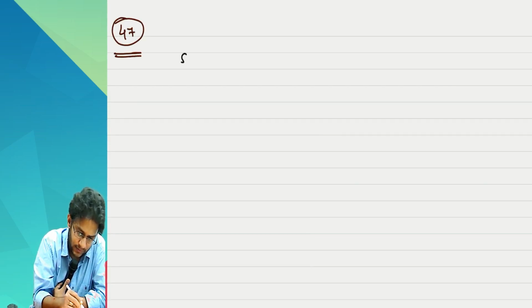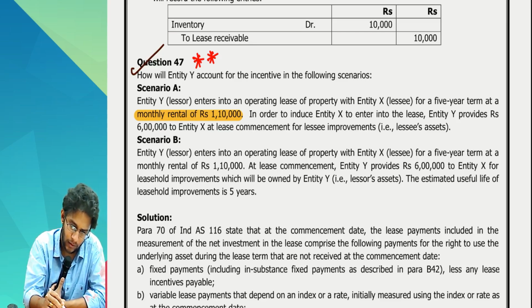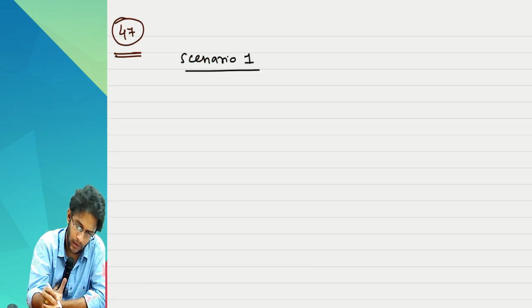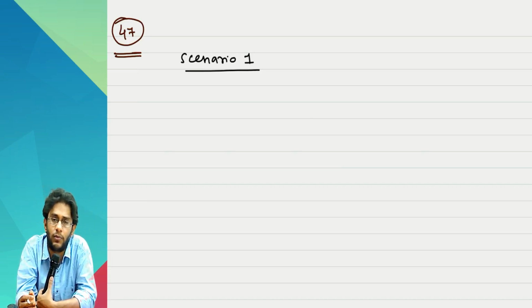So in this, see guys, as a lessor in an operating lease, whatever lease income comes every month, that automatically will become your income in your P&L account, correct? Now, apart from receiving monthly income in the form of lease rents, first day only you paid an amount of 6 lakh rupees to the lessee.